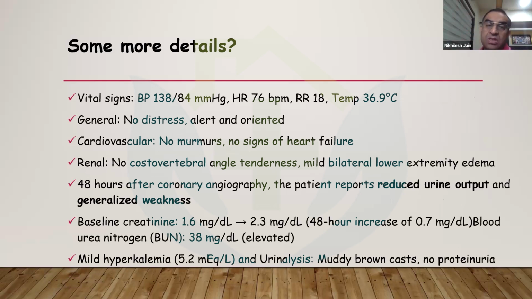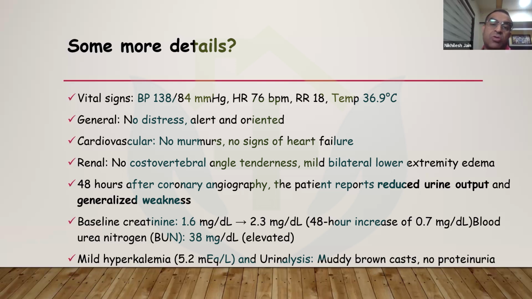On general examination, there was no distress. Patient is alert and oriented. From a cardiovascular point of view, there are no murmurs or signs of heart failure. From a renal point of view, there is no costovertebral angle tenderness. There's a mild bilateral lower extremity edema.